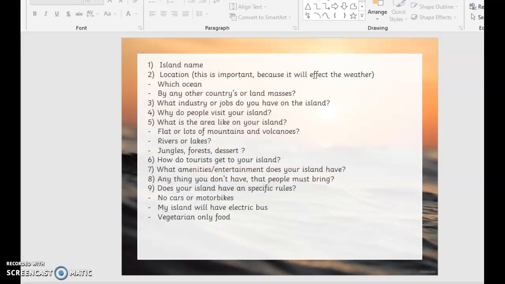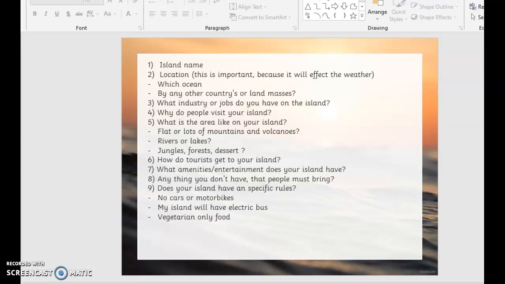And these are the questions that we are going to be talking about. First, you need to give your island a name. Second, what is the location of your island? Is it in the northern hemisphere or the southern hemisphere? Is it in the Pacific Ocean or the Atlantic Ocean?